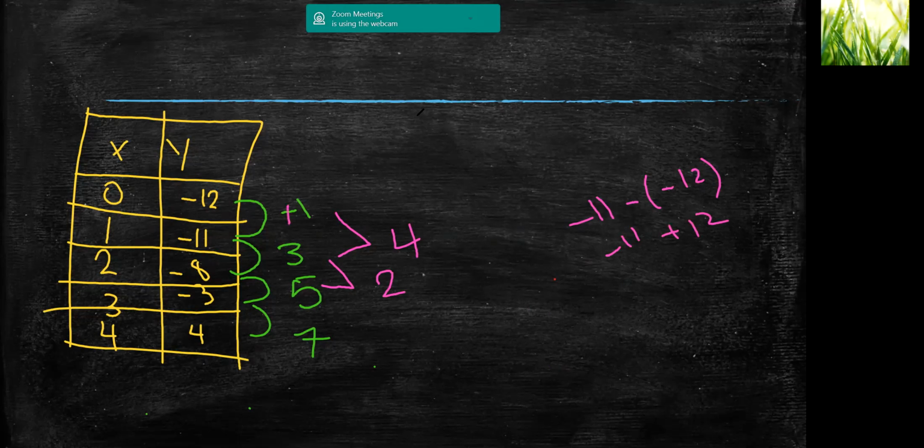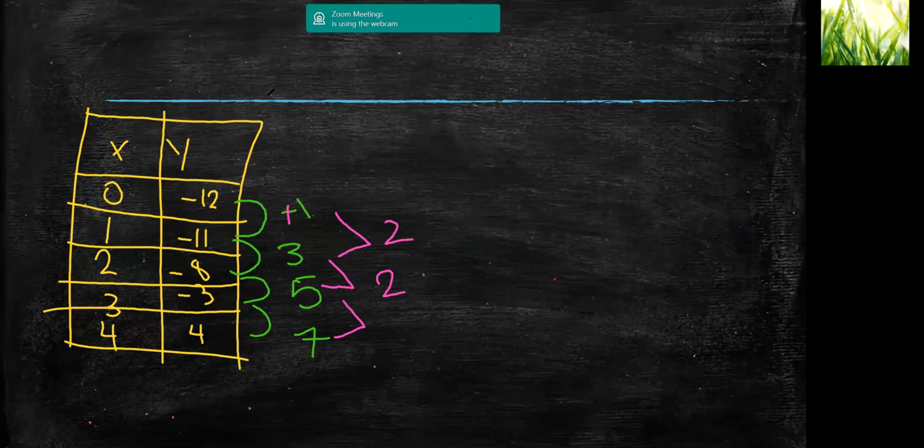Here it must be positive 1, sorry. Here it's negative 11 minus negative 12. It's negative 11 plus 12, which is positive 1. So 3 minus 1 is 2.